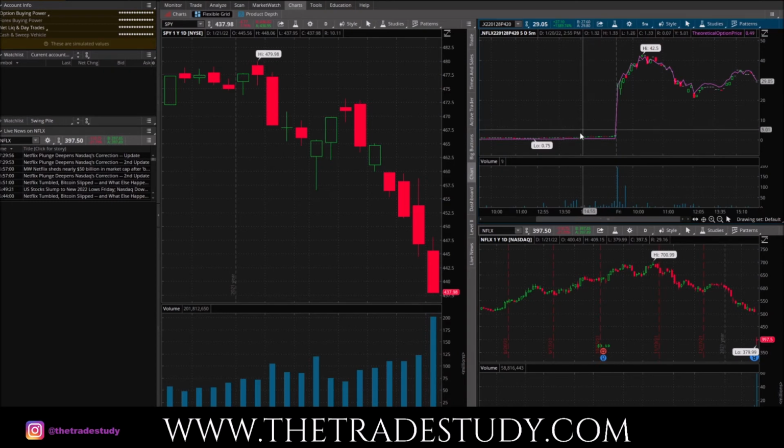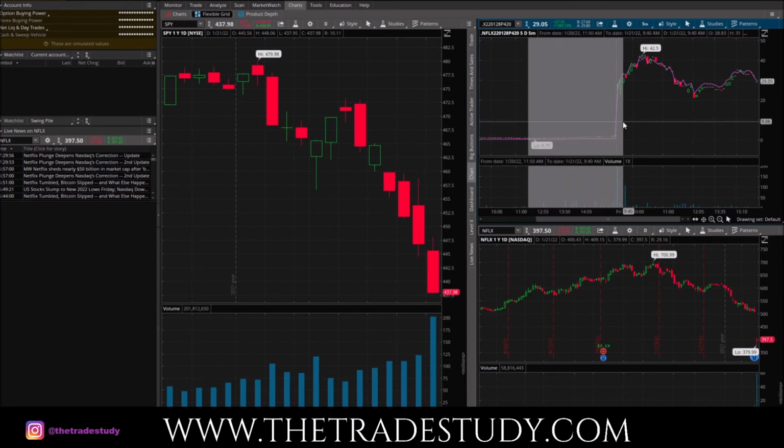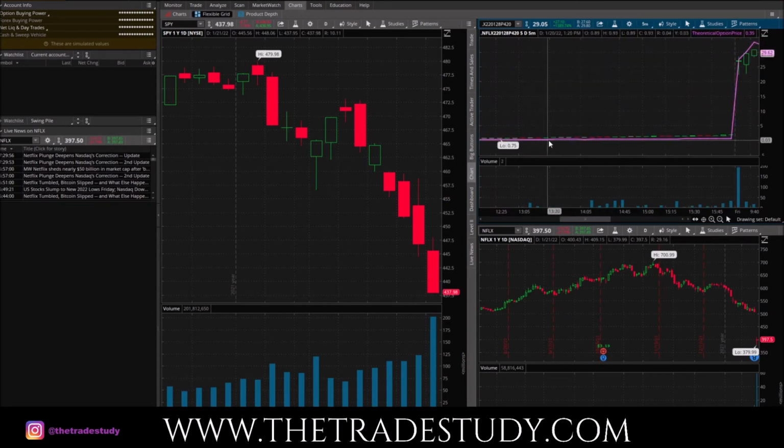On the 5-minute chart, you could see the stock was just hovering between $0.75 and $1. Then at the end of the day, it actually shot up to $2. Then the closing bell happened, and the value of all these options contracts went up since the stock price dropped so much.